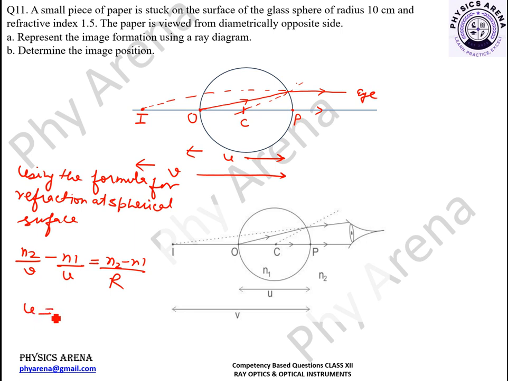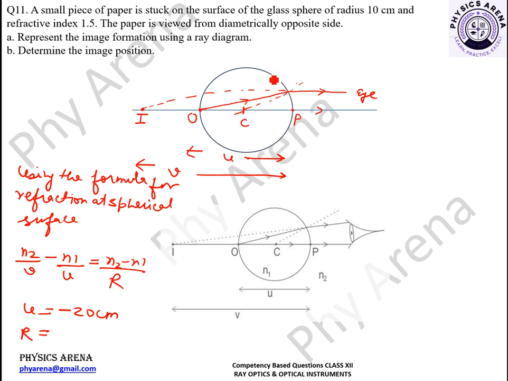Here u is given to us, and that is the diameter of the sphere. So from the pole, this is the object distance. And the radius is 10 centimeter. So the diameter will be 20 centimeter. So u is given to us as minus 20 centimeter. And R is the radius of curvature of this surface.